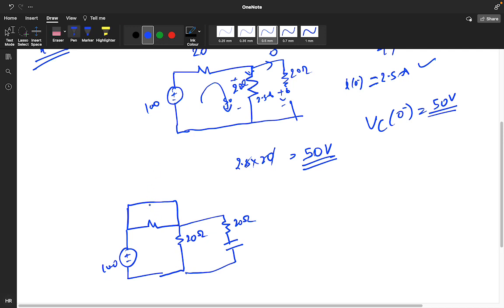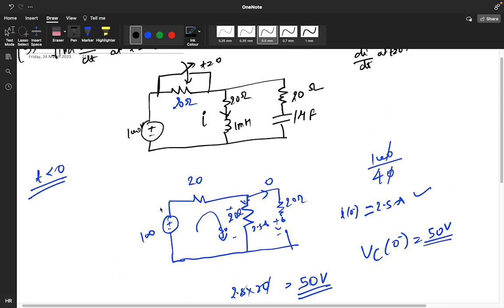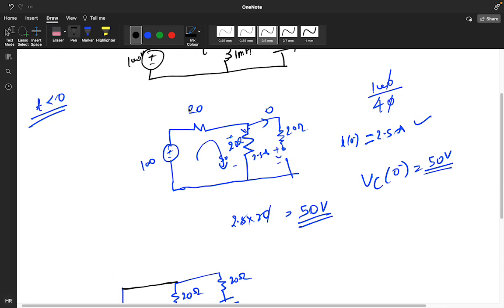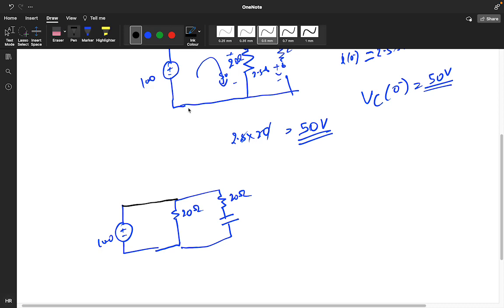So this is shorted, meaning this resistor will be redundant and the circuit will become like this because it is shorted. The value of this 20 ohm will be 0 only if we do shorted.